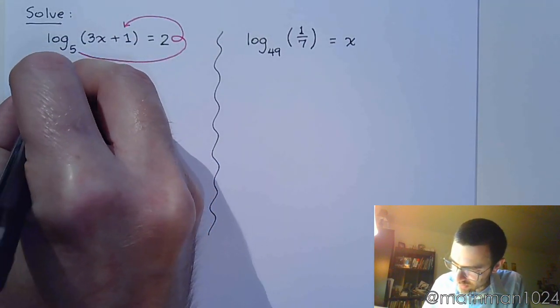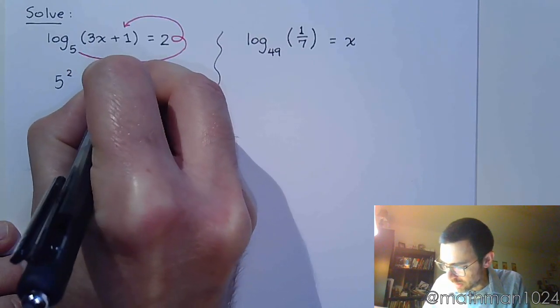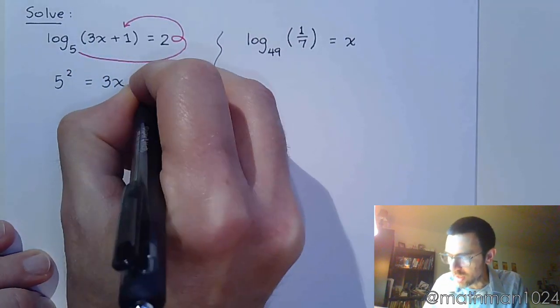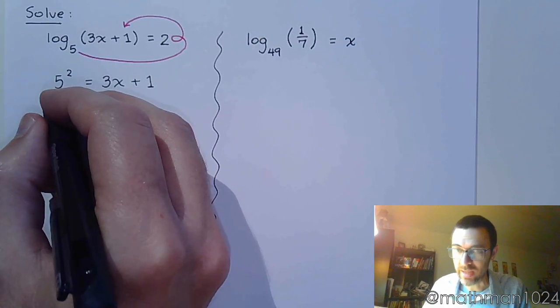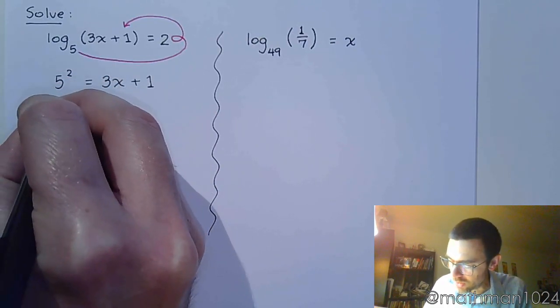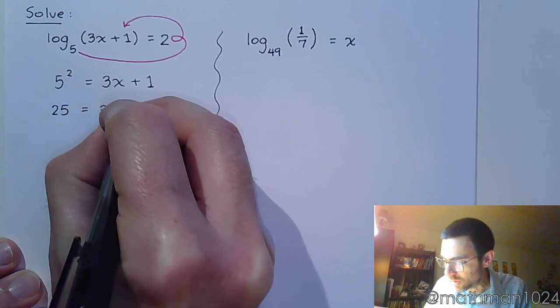So 5 squared equals 3x plus 1. So we rewrite it from a logarithmic equation to something that's exponential. But you see here, x is not inside the log anymore. X is just out and about like normal. 5 squared is not 10. 5 squared is 25. So 25 is equal to 3x plus 1.